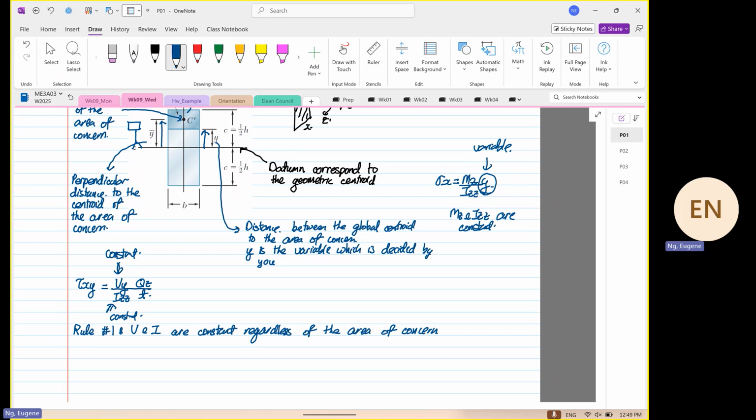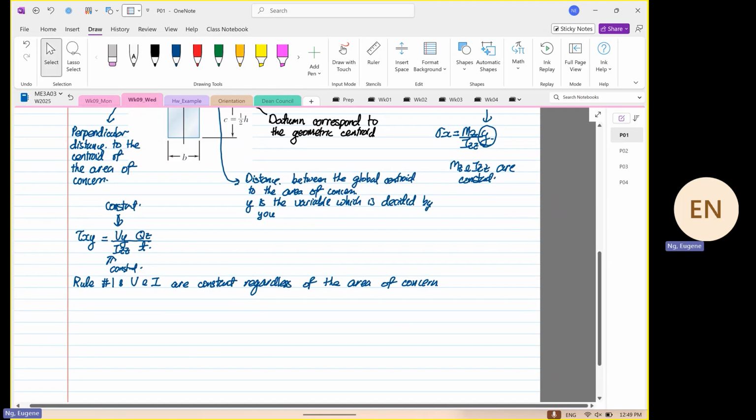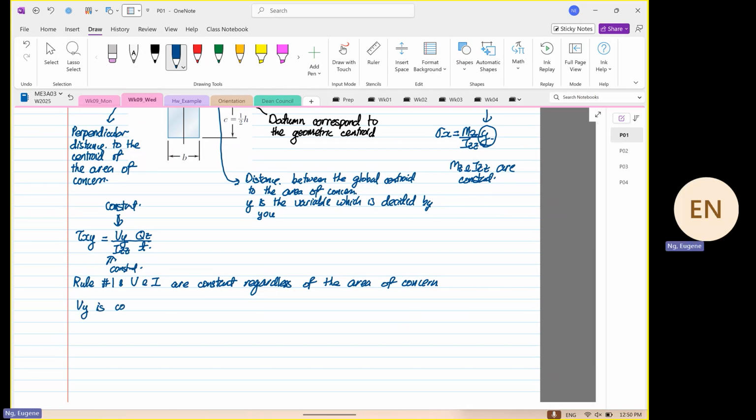Okay, not complicated. So let's look at this. We know that Vy is constant. And then we look at Izz, which is equal to width times depth cubed over 12.